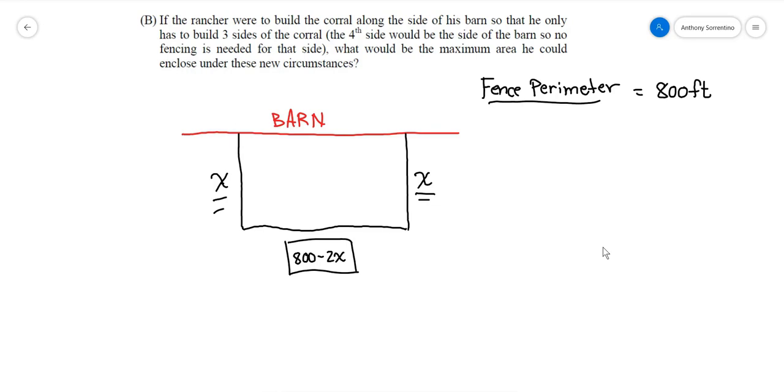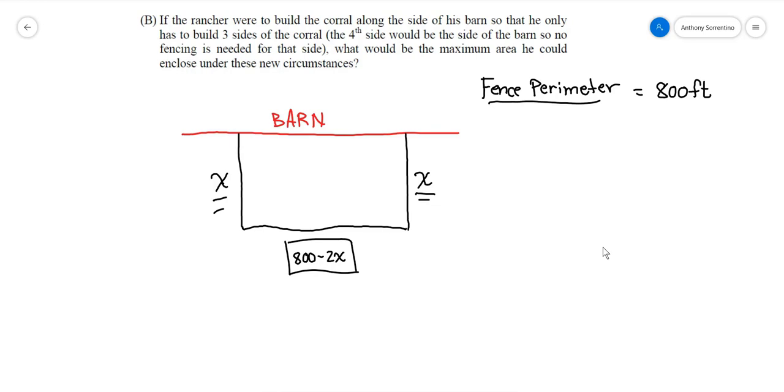I'm trying to find a way of only getting one variable involved so I can create a situation that can be graphed and that any analysis I would do would be able to figure out where the vertex would be and so forth. So I use the same principle: the 3 sides that I'm now building should total 800. 2 of them are the same measurement, so 800 minus the total of those 2 sides is going to be what the third one is.